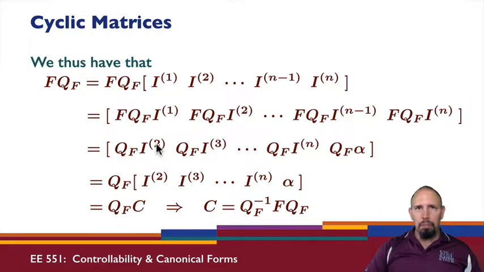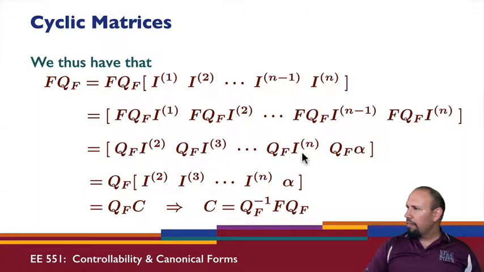That was one of the properties that I showed. So this quantity is basically picking off the previous column. That's what this is doing. And so forth, all the way down to the n minus first term. And finally, this quantity gives us this. And so we've gone through and shown this for the result.